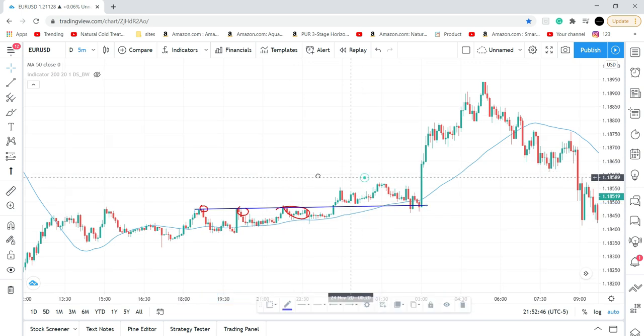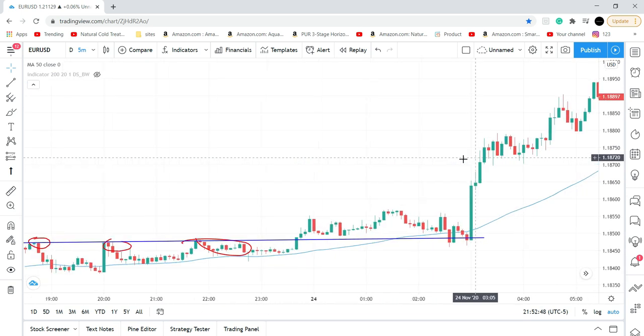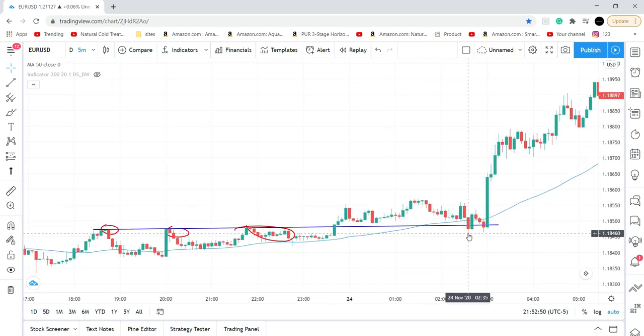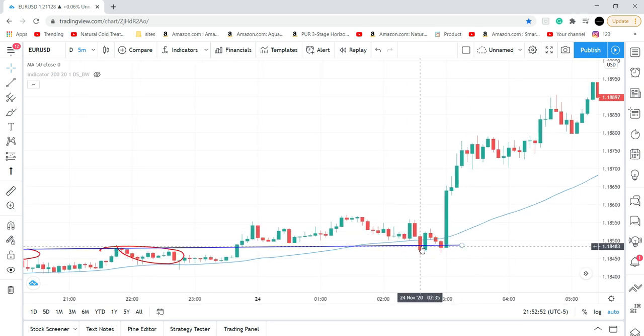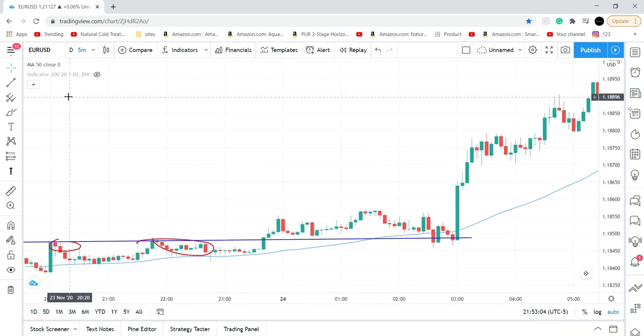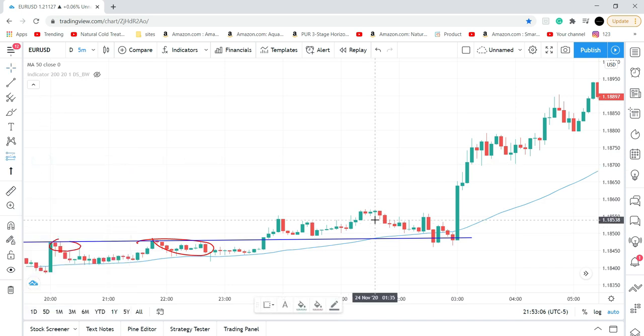So if you notice how price went below the moving average a little bit, we don't care about that. As long as price snaps right back up, notice how price snapped right back up, we're good. We can go long right there.